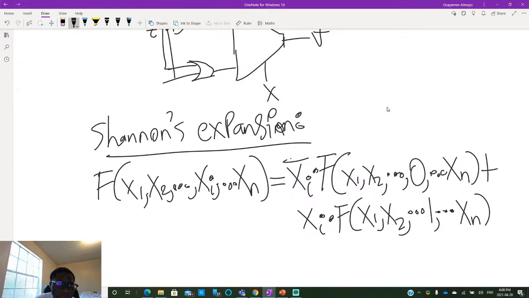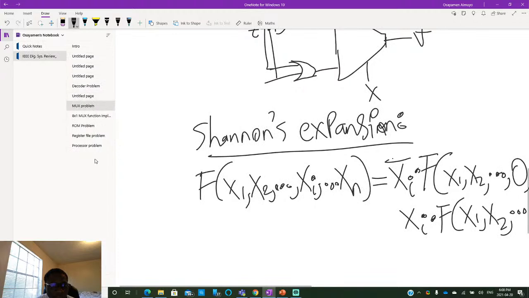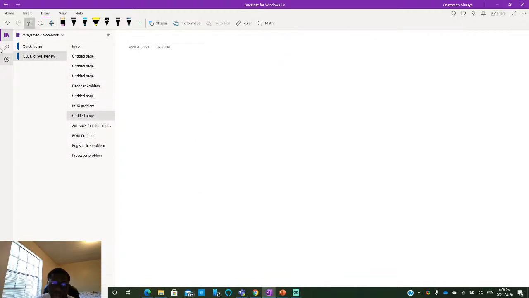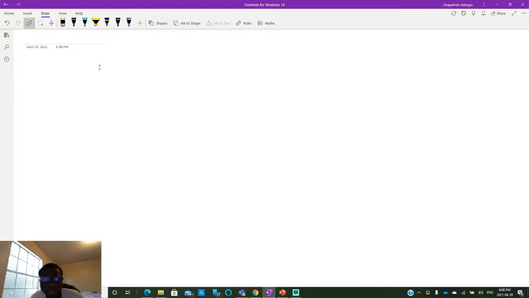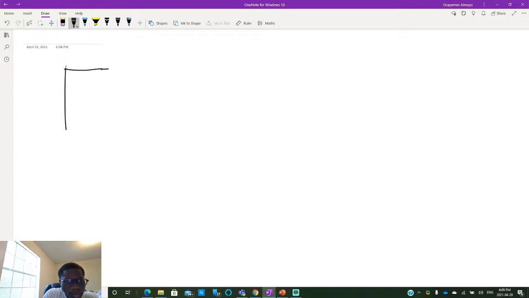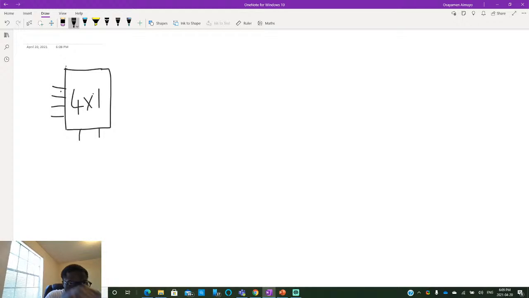Okay, so let me just draw the timing diagram, and explain the timing diagram related to muxes. Let's say for example we have a 4 by 1 mux.